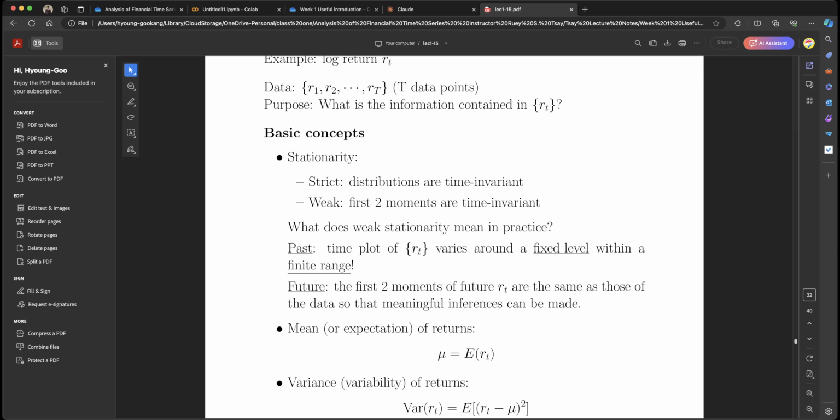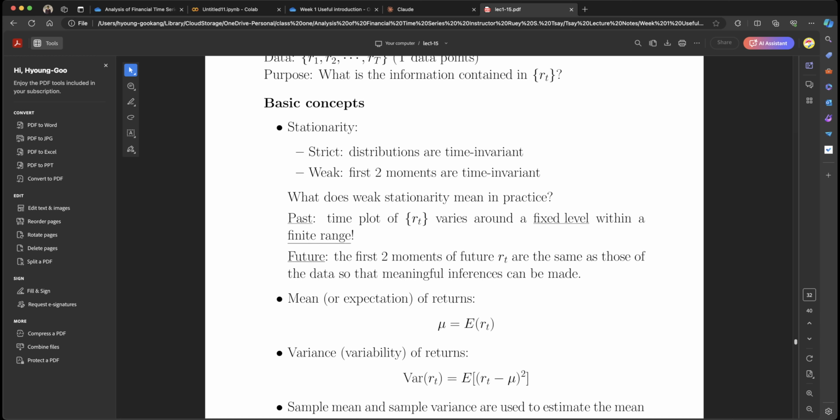As long as the data is stationary and from the same distribution, by collecting the data we can learn the distribution from history. Therefore, stationarity is very important.